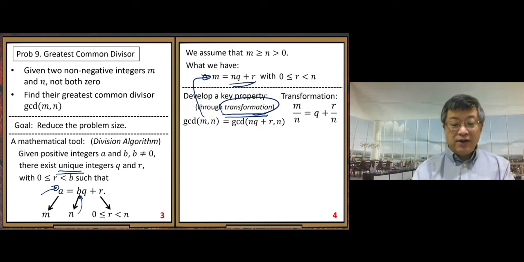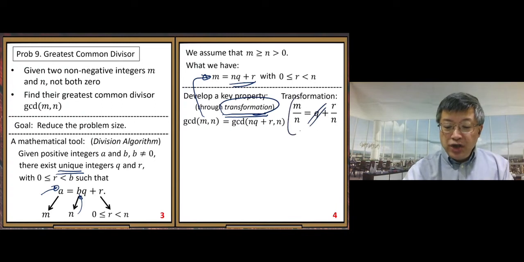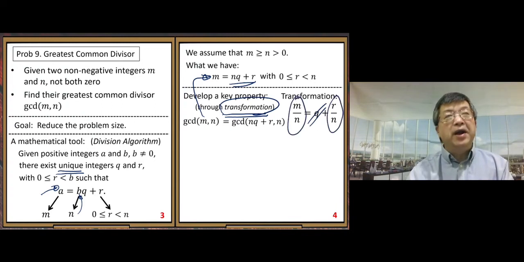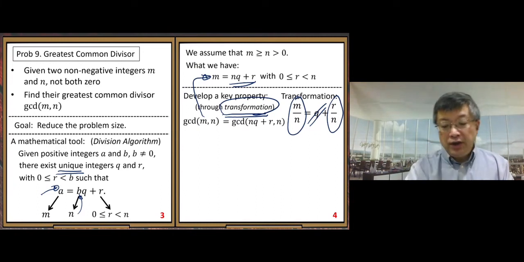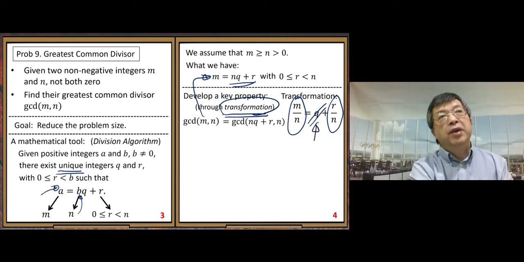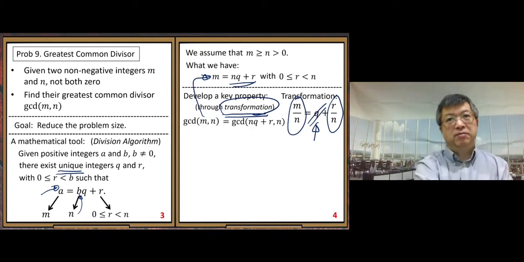Now, you can see the q part, integer part is gone. The GCD of m and n is the same as the GCD of r and n. Can you observe that? The integer part we can remove because the integer quotient part will not change the GCD.